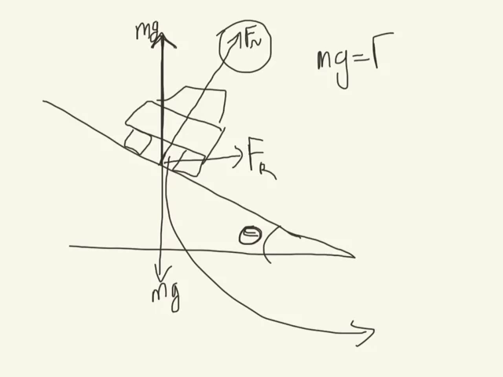And we know that because this angle here is theta, we can say that this vertical component of the normal force is Fn cosine theta. And likewise, this horizontal component of the normal force, down here, is Fn sine theta.